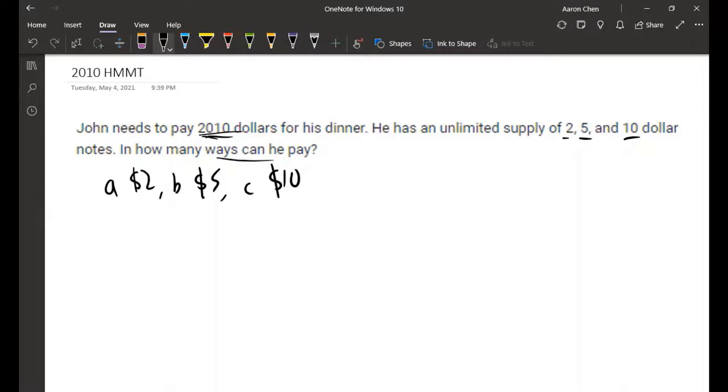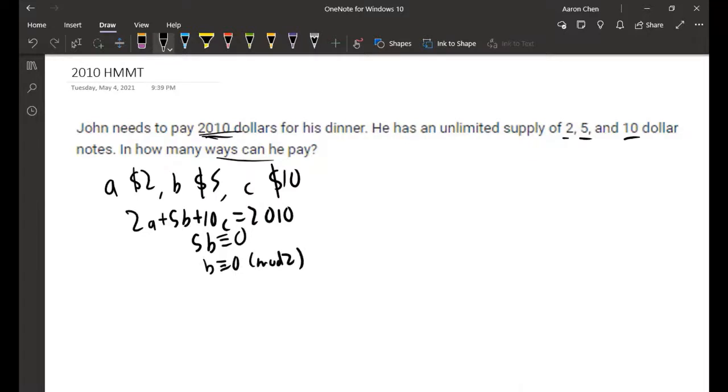In order to pay $2010 exactly, the A, B, and C variables must satisfy 2A plus 5B plus 10C equals 2010. If we look at this mod 2, you can see that 5B is congruent to 0, so B is congruent to 0 mod 2.